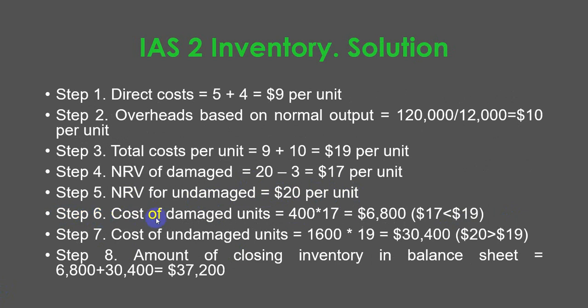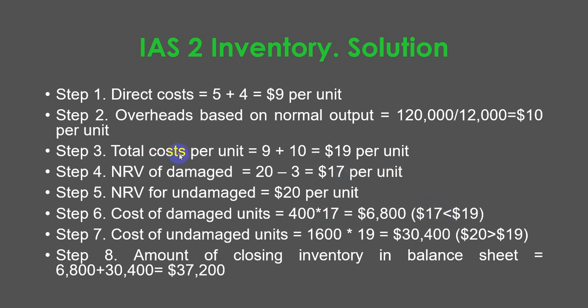And step 6, cost of damaged units. We take the quantity of damaged units and multiply it by the lower of net realizable value and cost. The lower here is $17. Net realizable value of damaged items is $17 per unit.